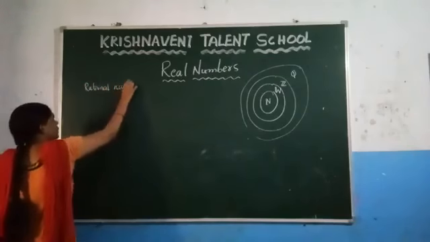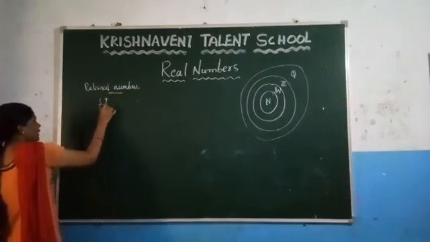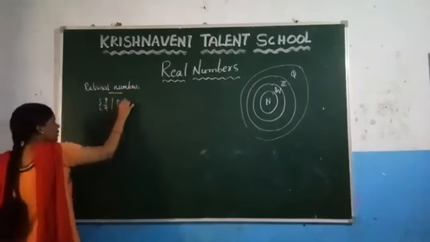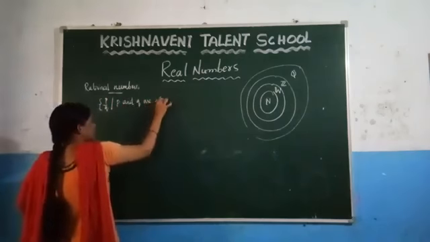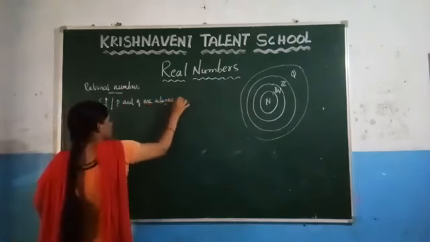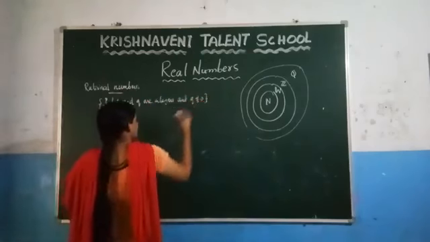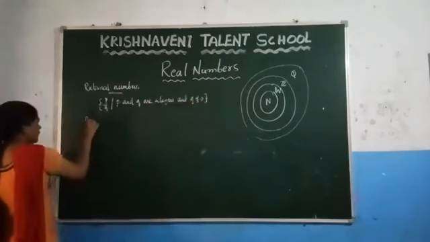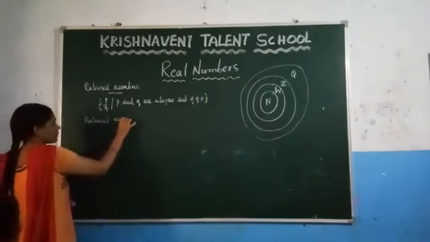If you consider any two integers, and you write those integers in the form of a fraction, and the denominator should not be equal to 0.